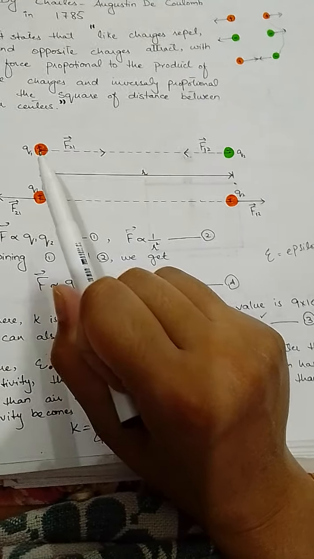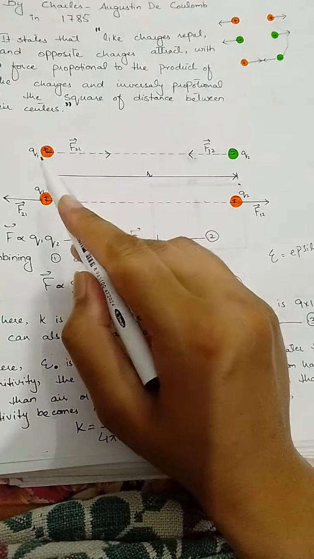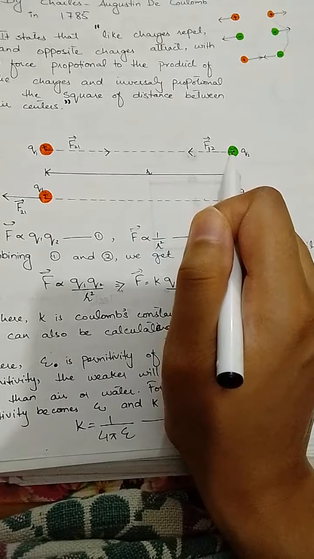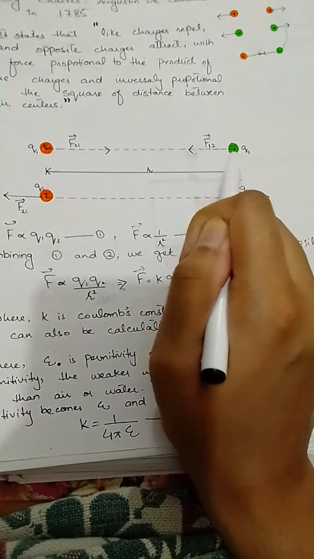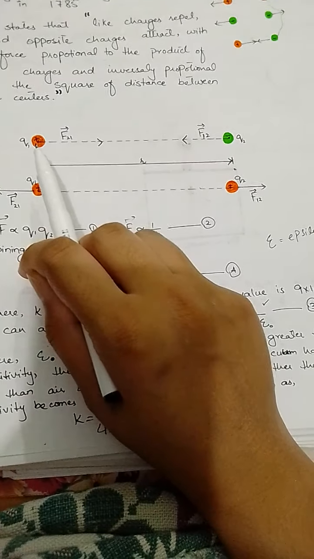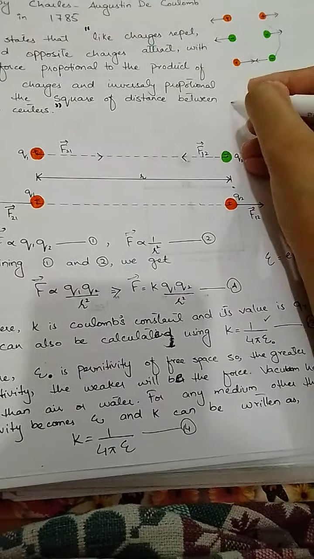So Coulomb's law is applicable when these charges are very small and the distance between them is large as compared to the size of these charges. So I'm just going to write it over here.